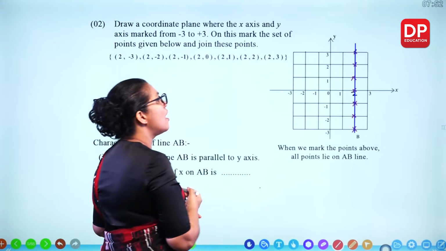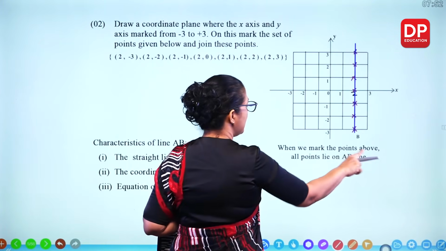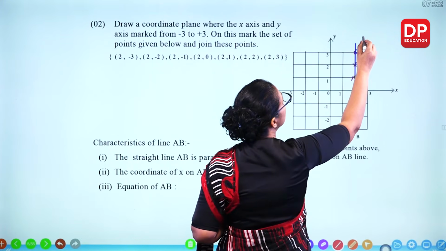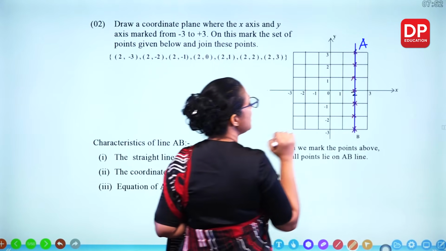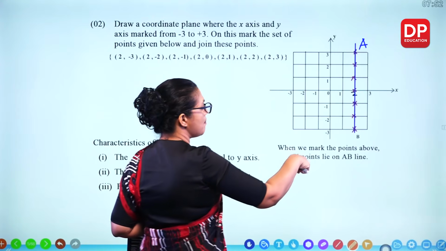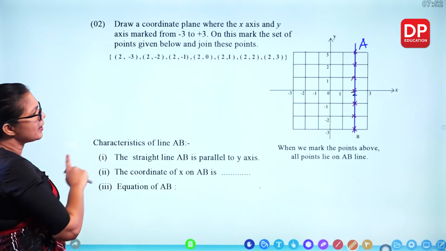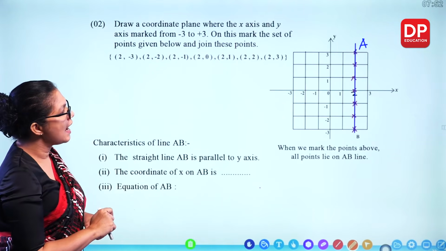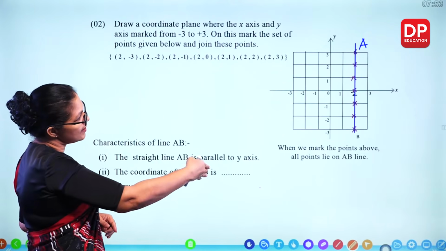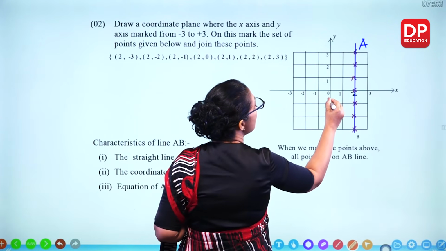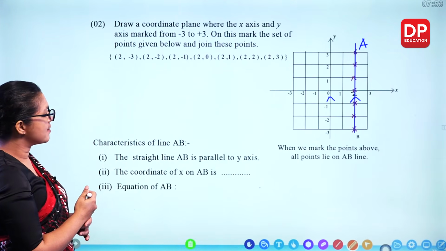We get a vertical line. Here we label it AB, from A to B. So when we mark the points above, all points lie on the line AB. What are the characteristics of this line AB? The straight line AB is parallel to the y-axis. The y-axis is here, and this line is parallel to it.